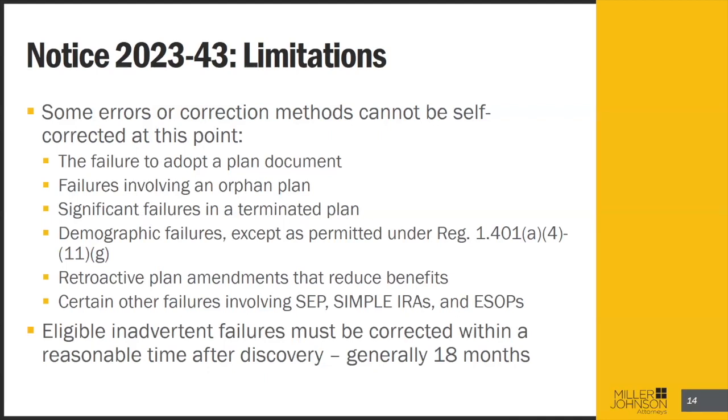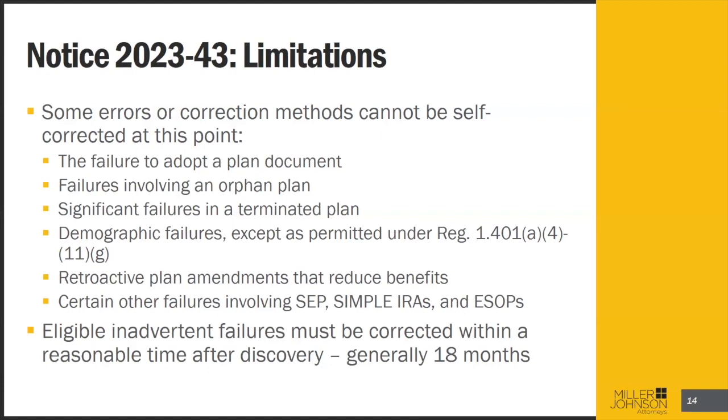That still holds true under Notice 2023-43. What it basically says is you cannot self-correct through retroactive plan amendment anything that is less favorable to participants. But even if it's kind of neutral, I think you probably could do it under this new guidance, even if it doesn't necessarily increase anything.